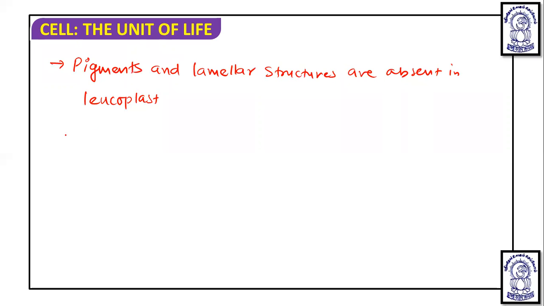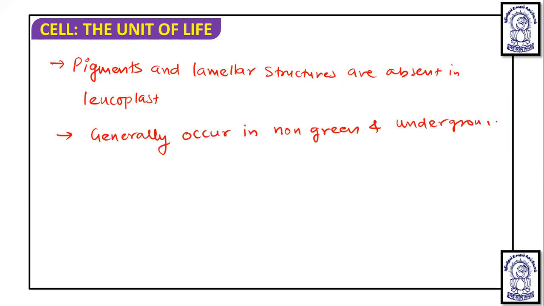And this leucoplast generally occurs in non-green and underground plant parts. Underground plant parts like ginger, potato. You will see these particular different types of components.